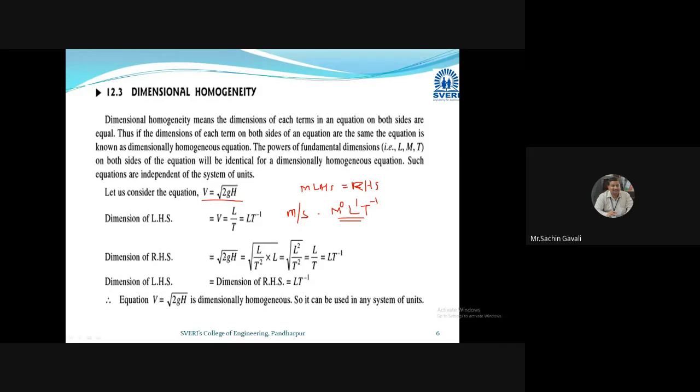There is no dimension for 2. G means L upon T square, into L, so the square root of L square divided by T square is equal to L by T, which is again L raised to 1, T raised to minus 1. So the dimensions are the same. Therefore, the dimensions of LHS are equal to the dimensions of RHS, L T raised to minus 1, and this is called a dimensionally homogeneous equation.